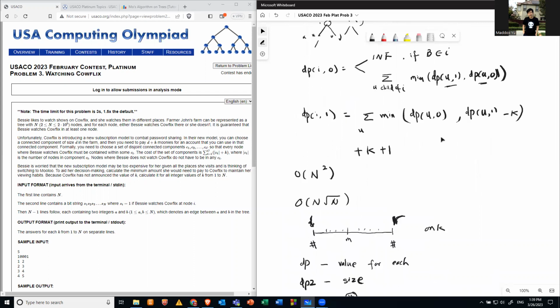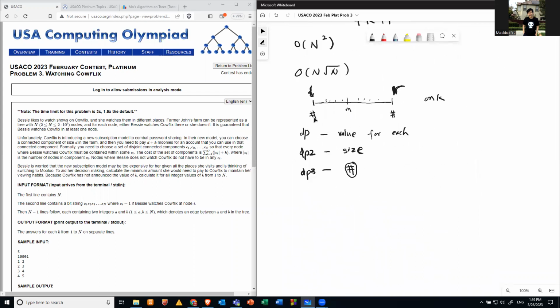Okay, so if left equals right, if dp3 at left equals dp3 on the right, then basically I can do it linearly, right?